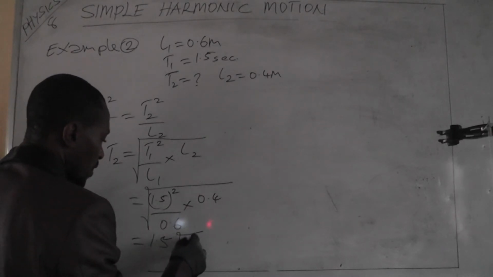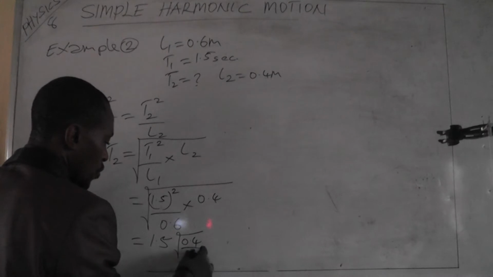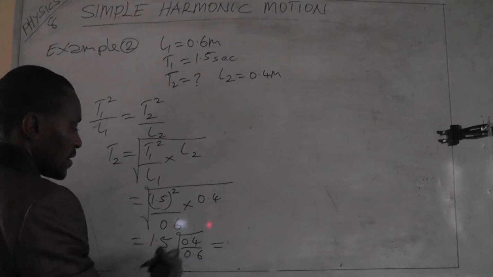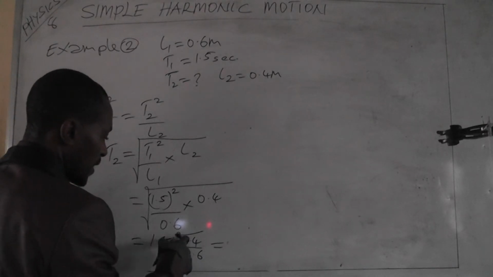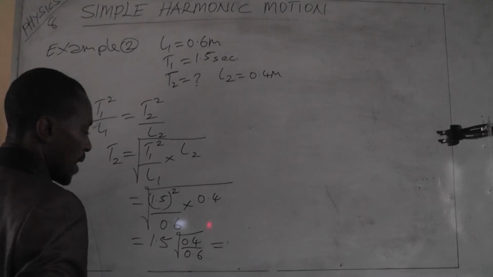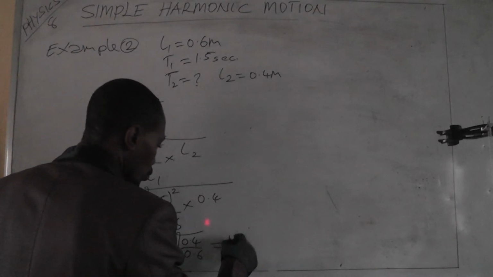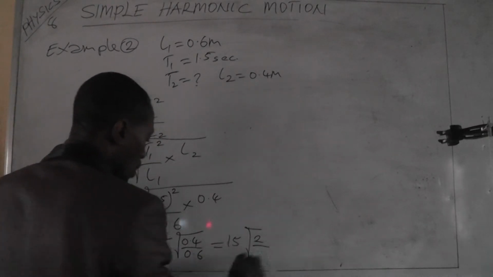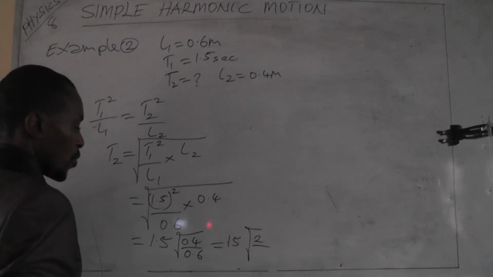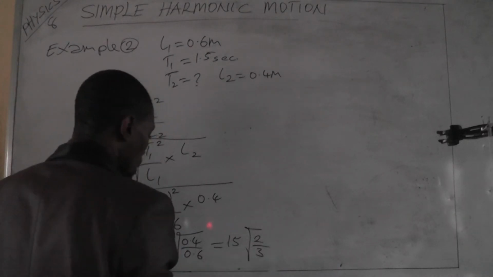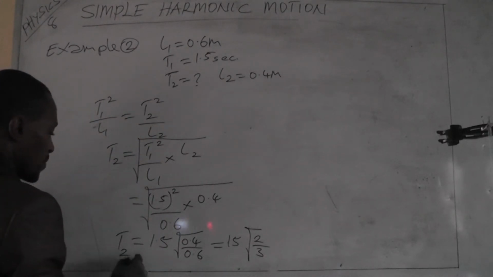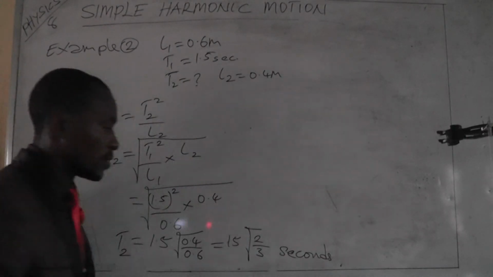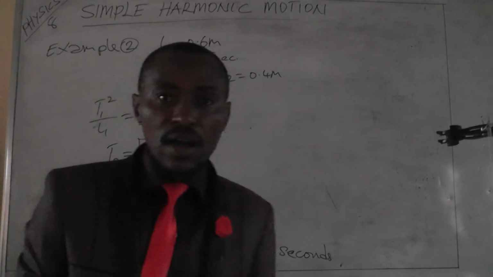The value I have here, 0.4 over 0.6. If you break this down, if you divide 0.4 by 0.2, you have 2. 0.6 divided by 0.2, you have 3. And this is your final answer. Remember, T2 is calculated in seconds. That is the final answer.